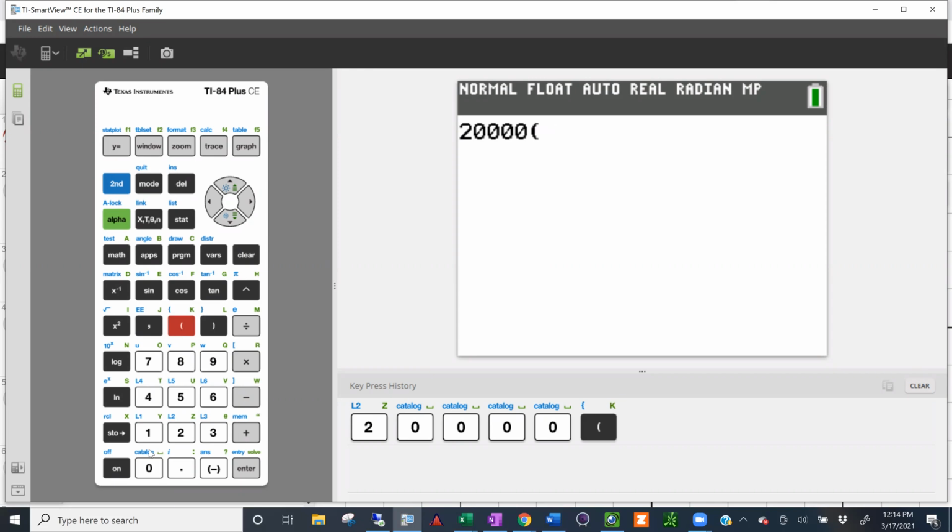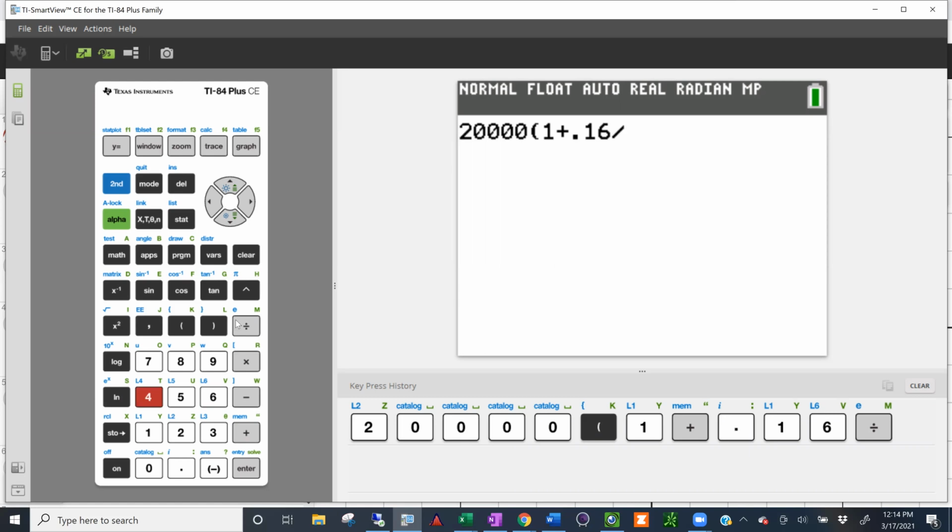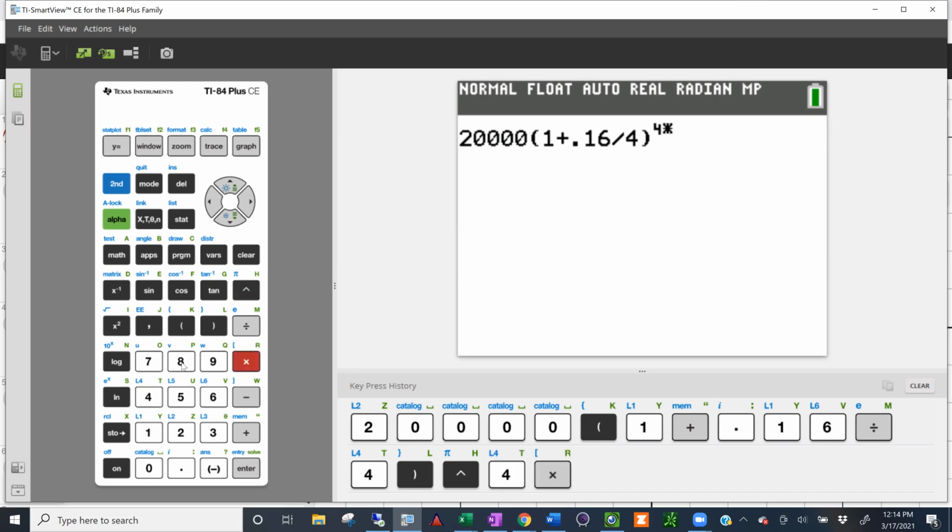So you don't have the times key. 1 plus, then the interest rate, which is 0.16, divided by N, which is 4, parentheses, raised to the N times T power. Now, N was 4 times T is 8.